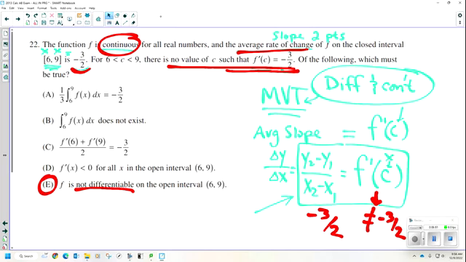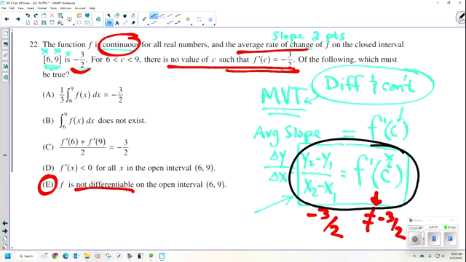Because if it was continuous and it was differentiable, this would be absolutely 100% true, but it's not based on what they tell us in the problem. So choice E, f is not differentiable on that interval from 6 to 9.